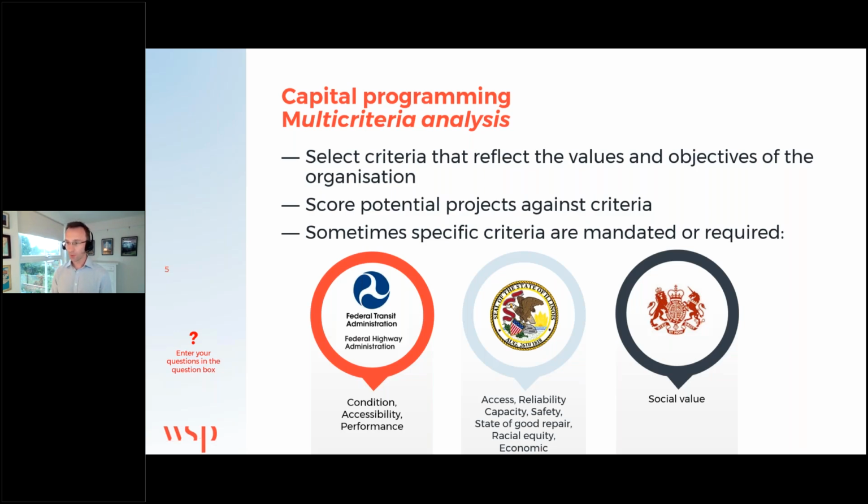And here in the UK, we've had relatively stable requirements for a long time about what goes into business cases for central government funding. But very recently, we've seen a massive increase in the expectation that you address social value in seeking central government funding.